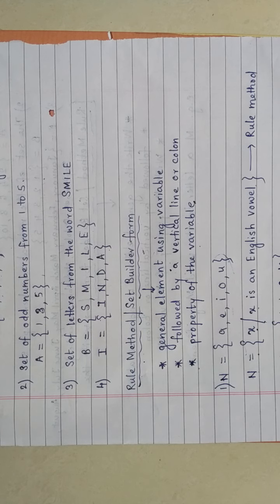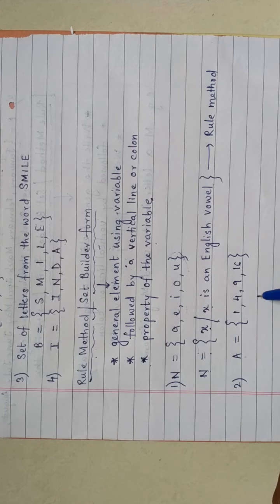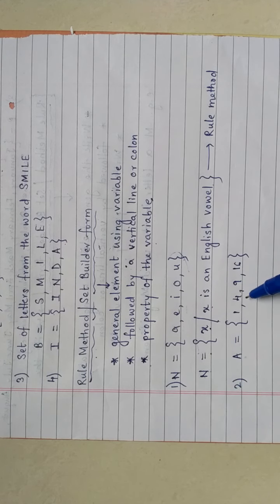Now when you look at this set, what do you understand? You have to identify the general element. What is the property of these numbers? If we look at this, we understand that 1 is the square of 1, 4 is the square of 2, 9 is the square of 3, 16 is the square of 4, and the set ends here.